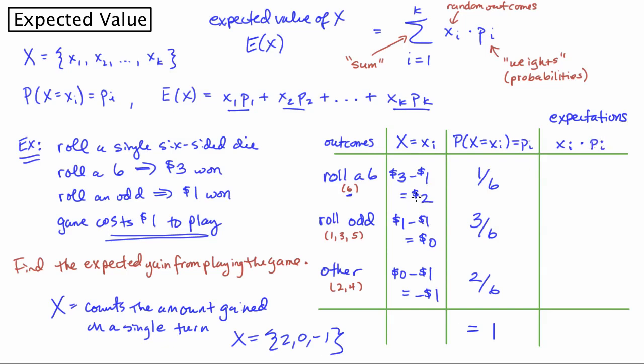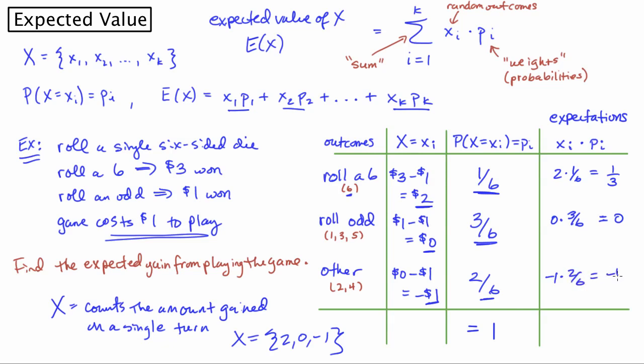So for this first one, I want to take 2 and multiply it by 1/6. It gives me 1/3. Here I want to take 0 multiplied by 3/6. It gives me 0. And then lastly, I want to take -1 and multiply that by 2/6.